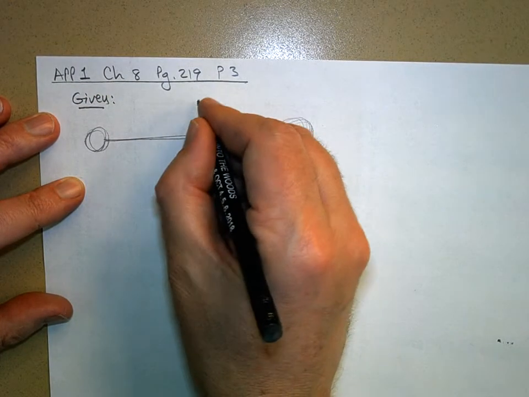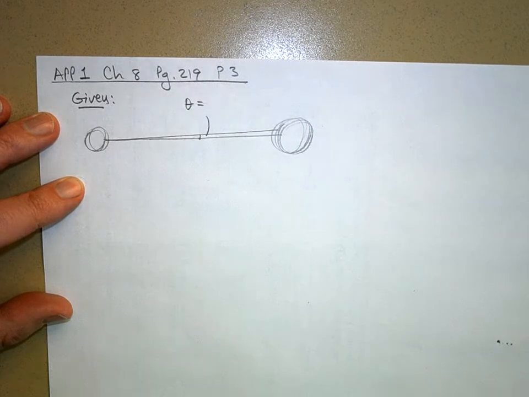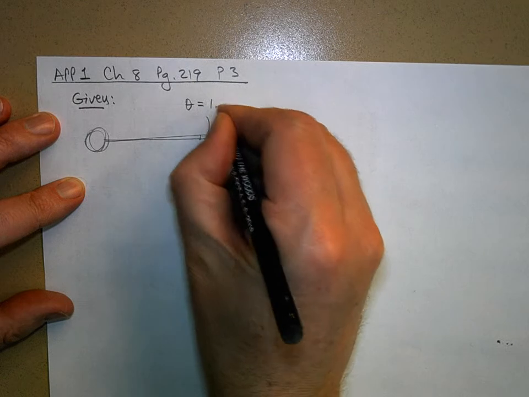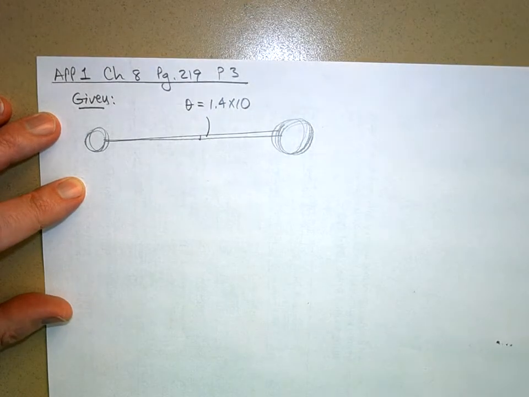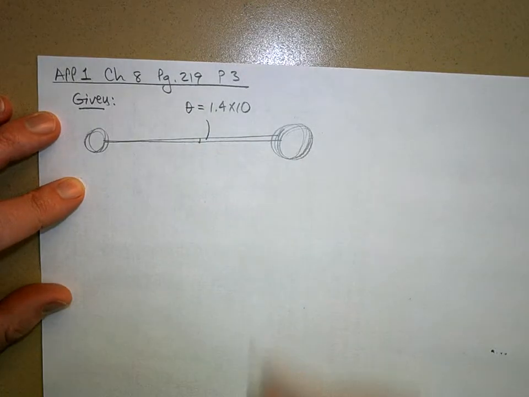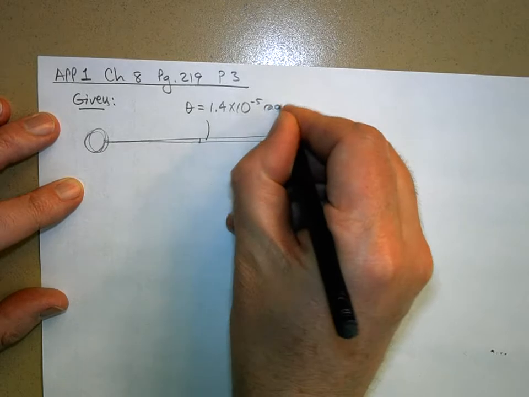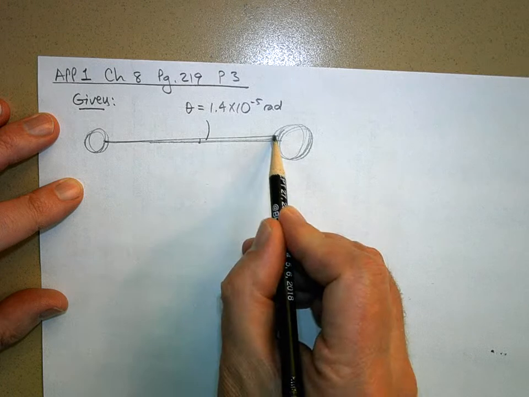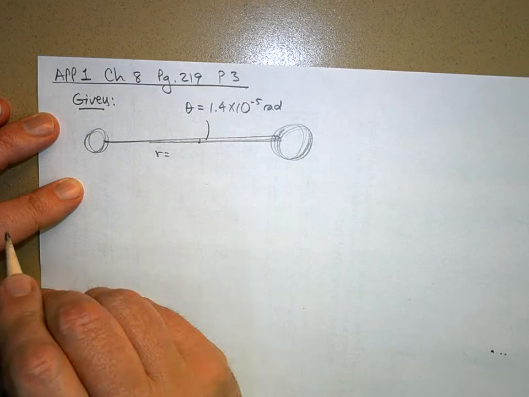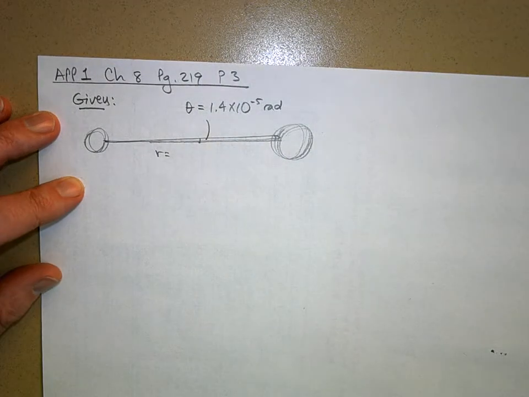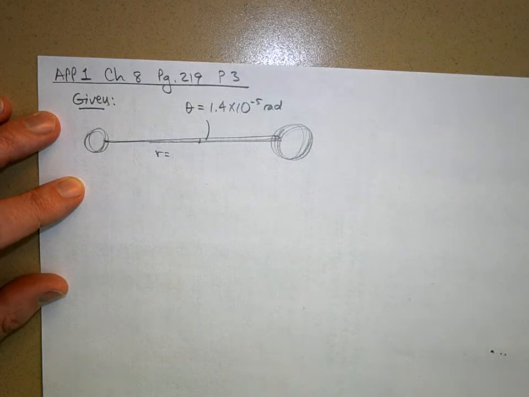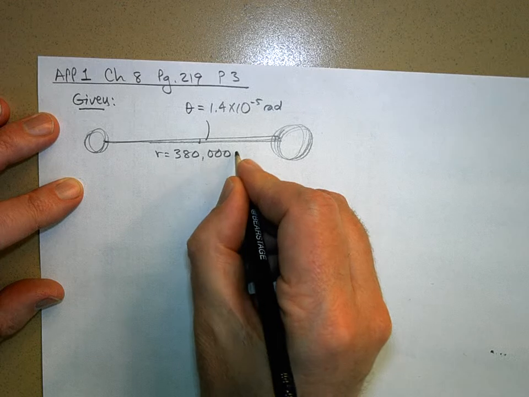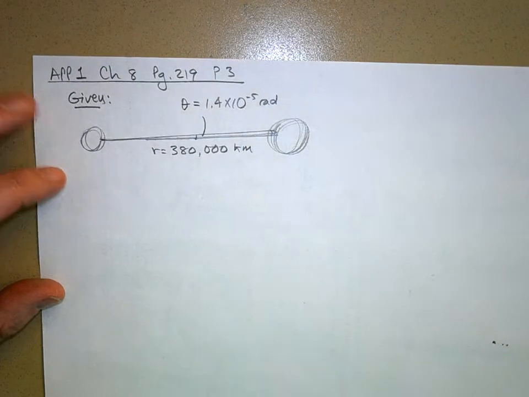Of the angle is 1.4 times 10 to the negative 5 radians. And we know the distance from here to here. That's our R. Our R is equal to 380,000 kilometers.